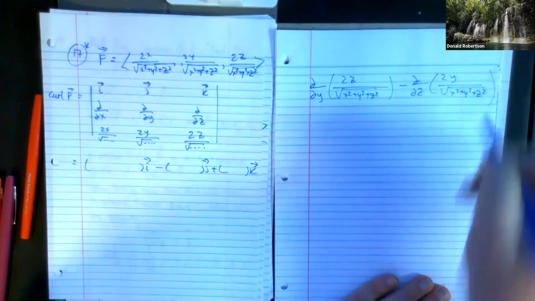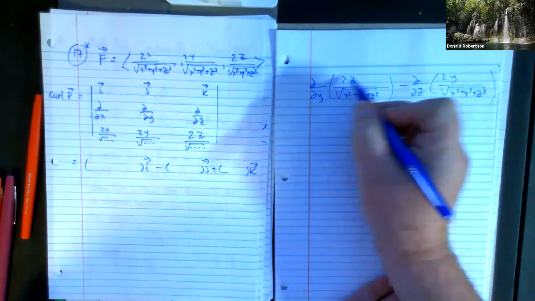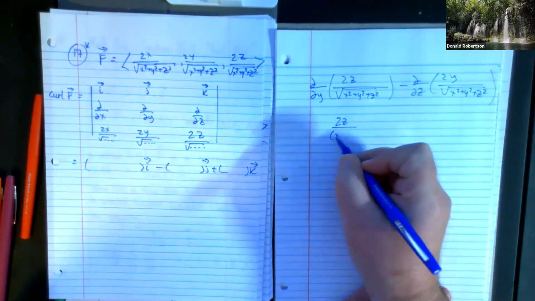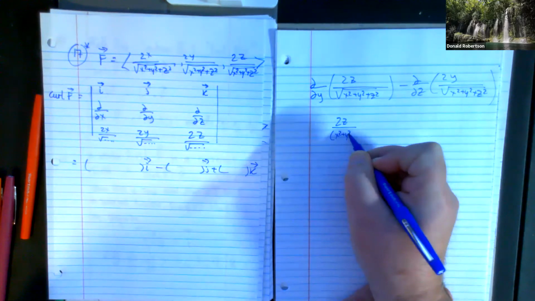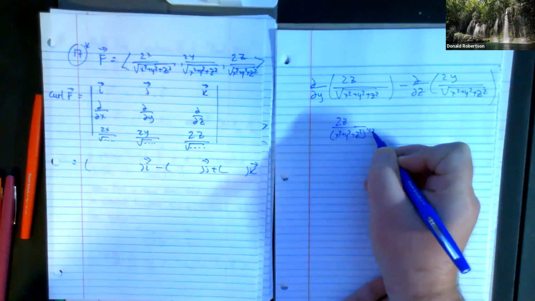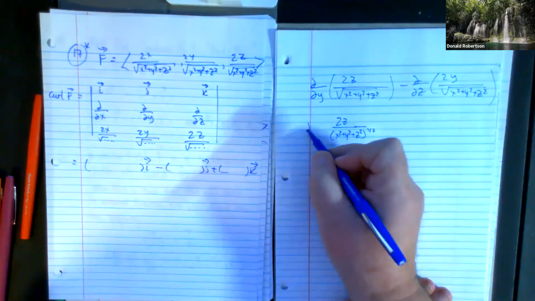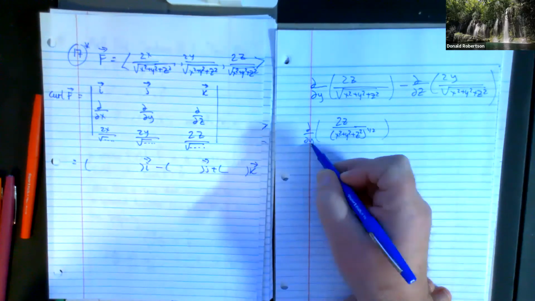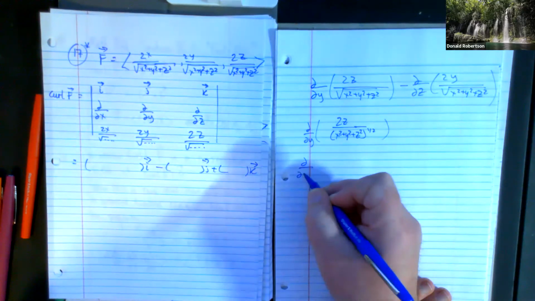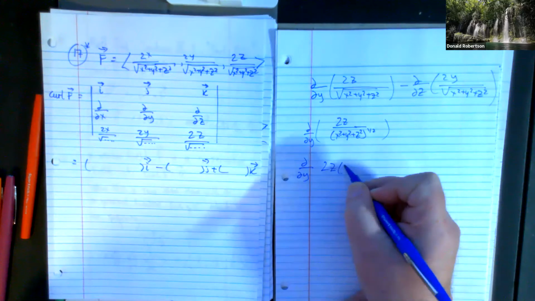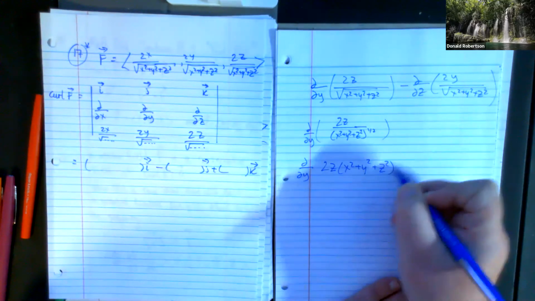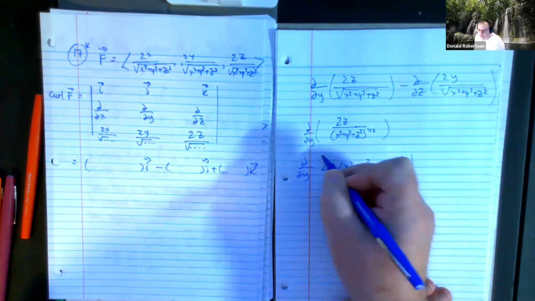If you're going to differentiate this, you probably should rewrite it like that. Now, since you're going to differentiate it with respect to y, you might even choose to rewrite it as that guy, because then I can just do a chain rule on it.